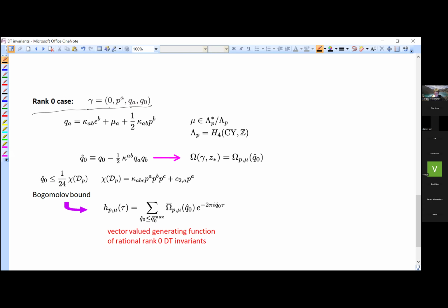If its support is complex two-dimensional, like a surface, is it a D4 brane? Complex two-dimensional means four real dimensions. So your Calabi-Yau is six-dimensional, real.